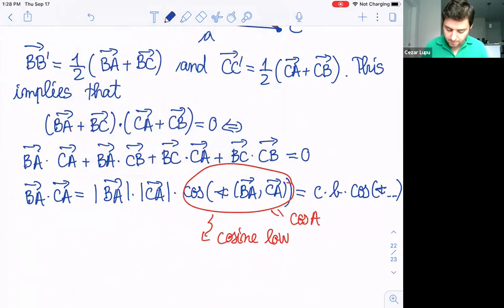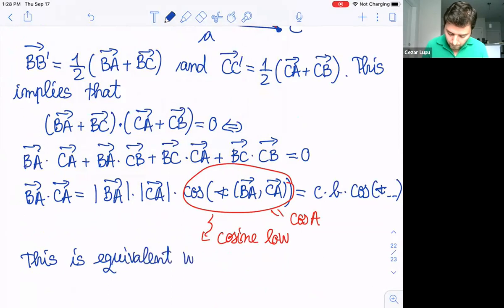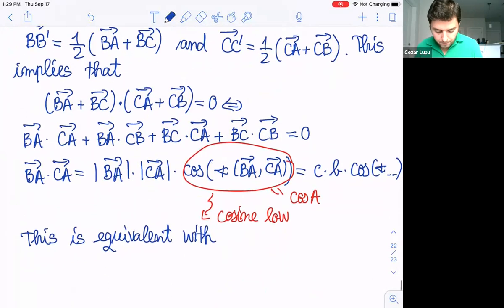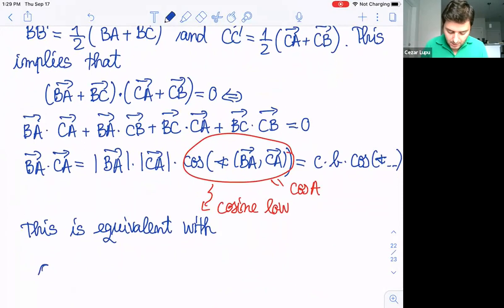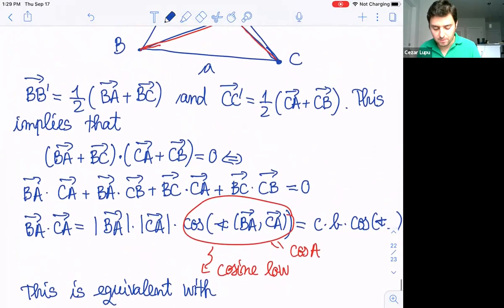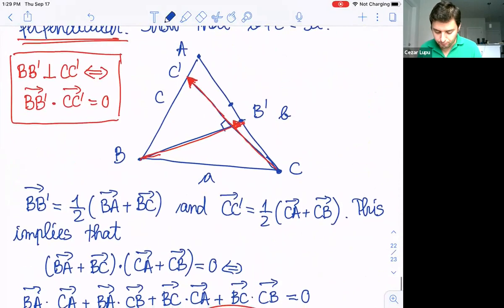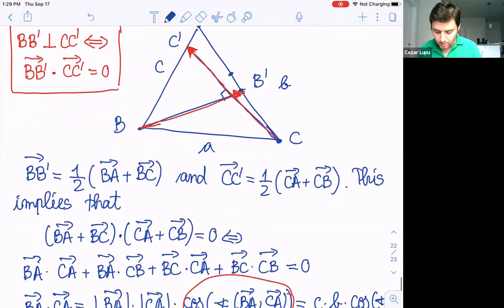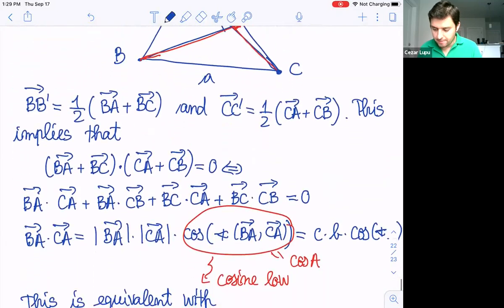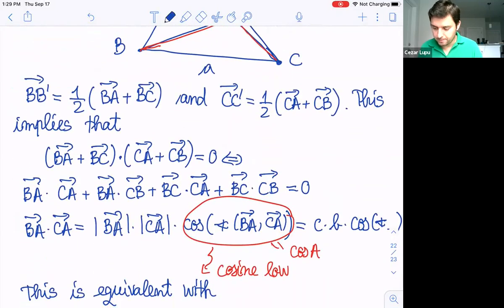So this is just the first one. So we have, this is equivalent with, with what? With CB times cosine of A plus, now let's see the second one, BA vector times CB vector, BA times CB. So it will be C times A, right?